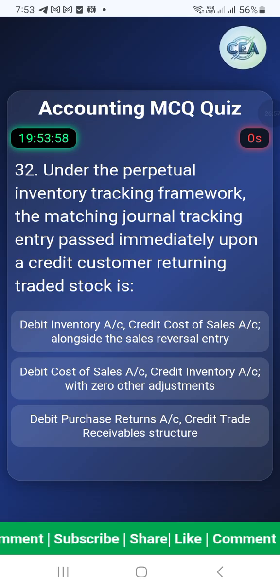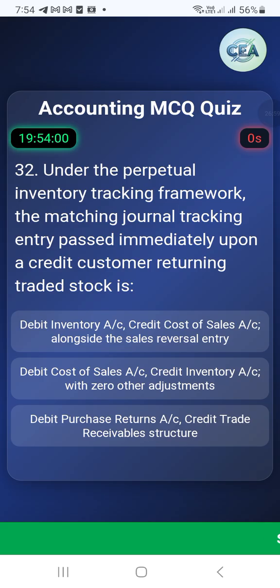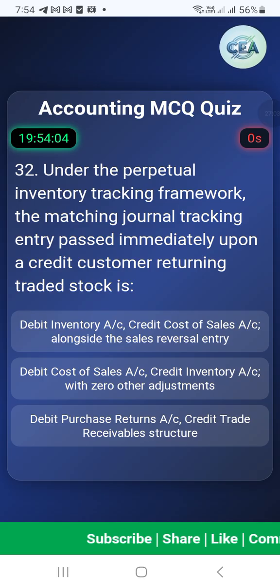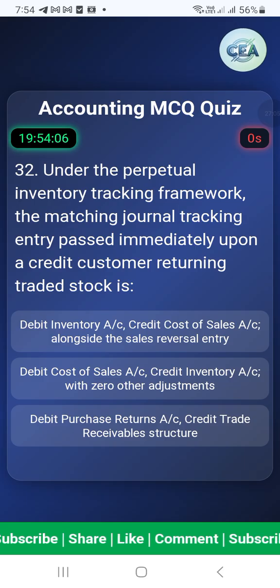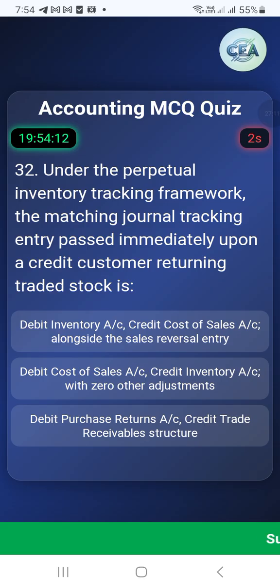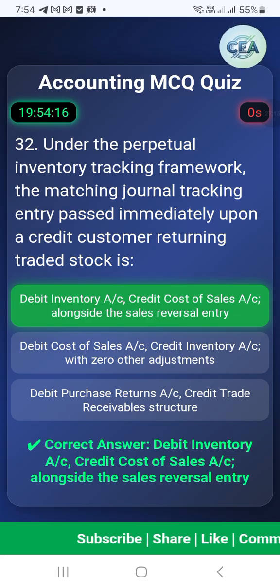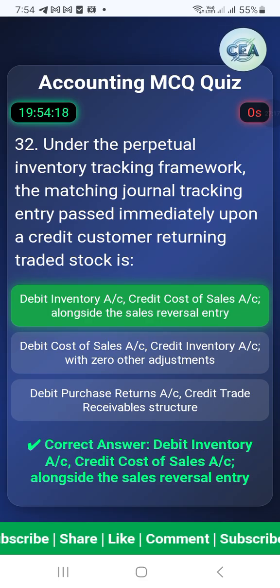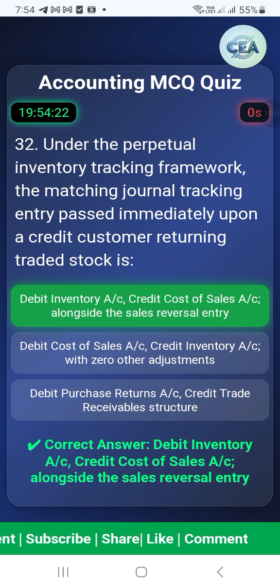Debit cost of sales AC, credit inventory AC, with zero other adjustments. Option 3. Debit purchase returns AC, credit trade receivables structure. Correct answer is debit inventory AC, credit cost of sales AC, alongside the sales reversal entry.